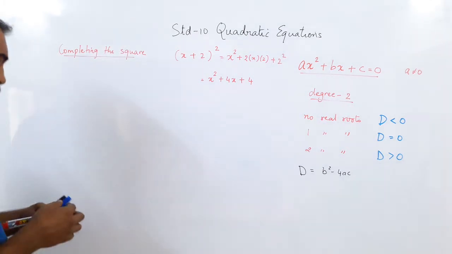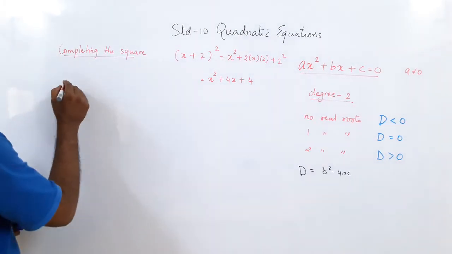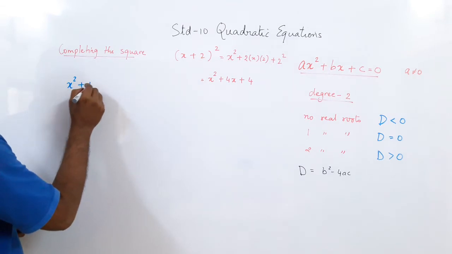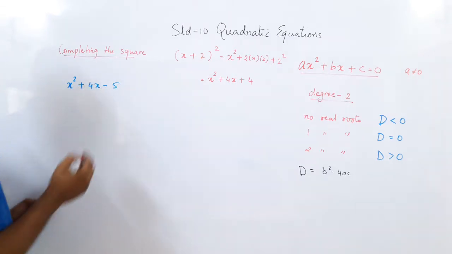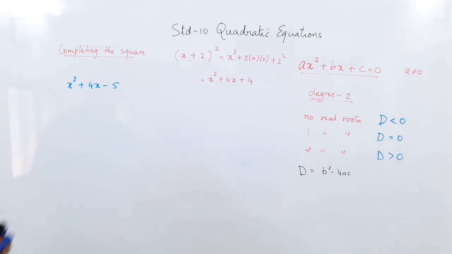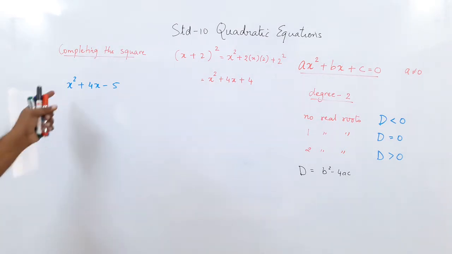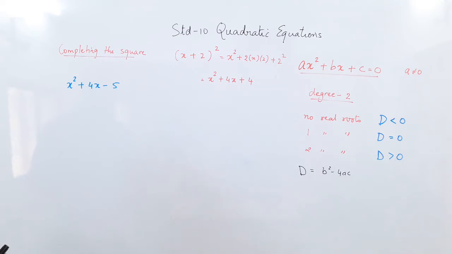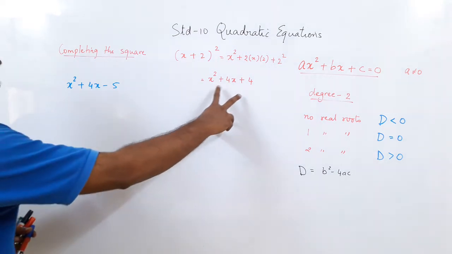Now we have been given an equation, we have to solve x square plus 4x minus 5. Now we can do it by splitting the middle term, but today we are going to use a new method, that is called completing the square. Now compare these two equations.